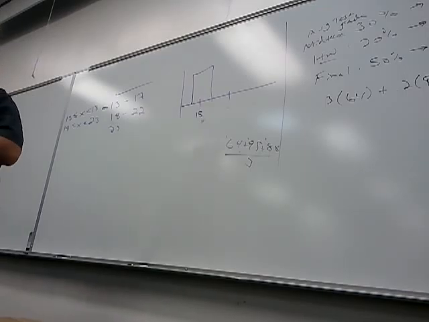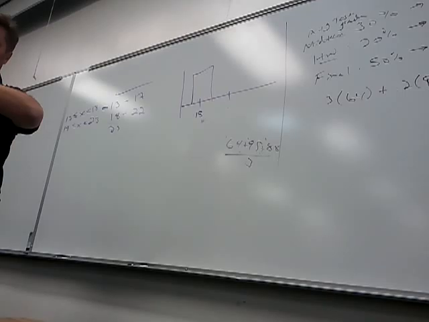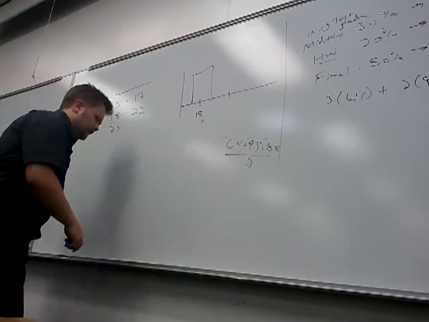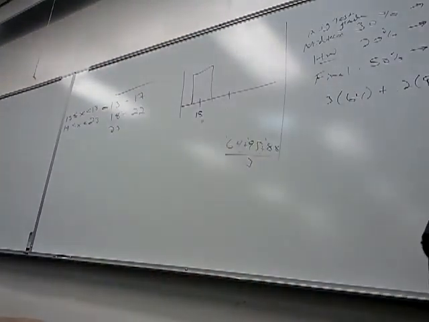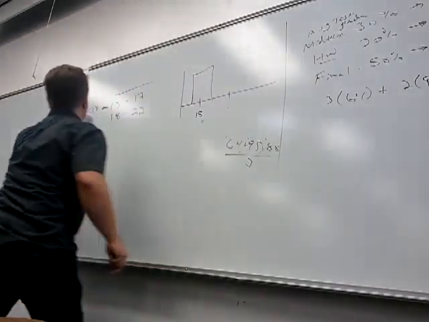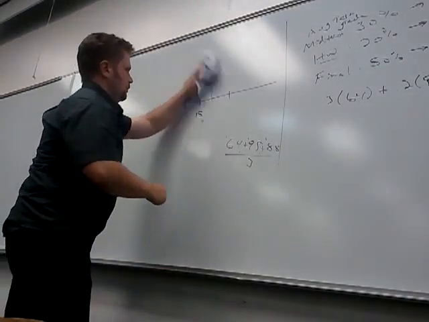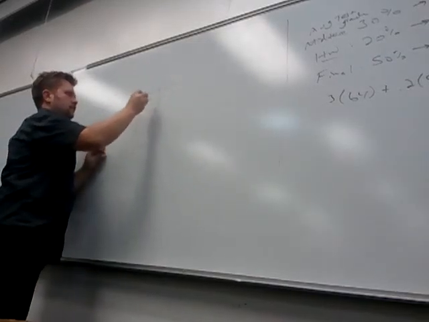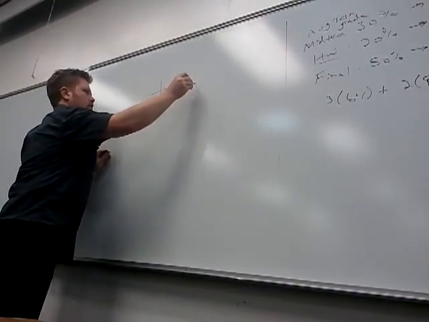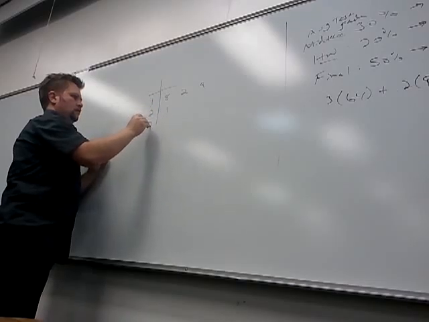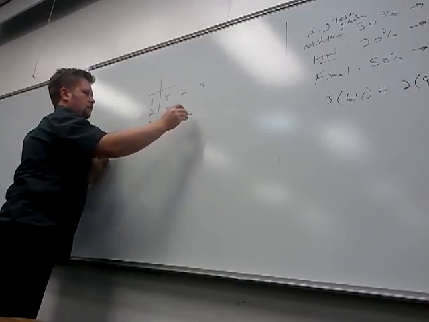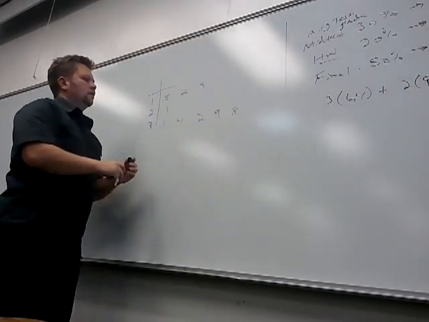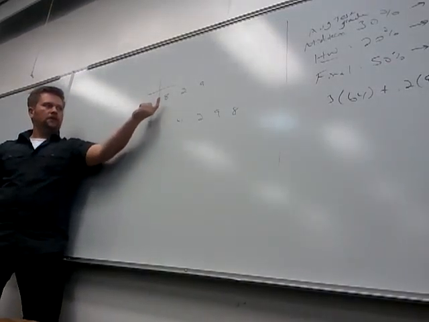I have a question. On the stem and leaf thingy, you asked for a key. What's the key? So if somebody just gives me a stem and leaf, this could mean 18.